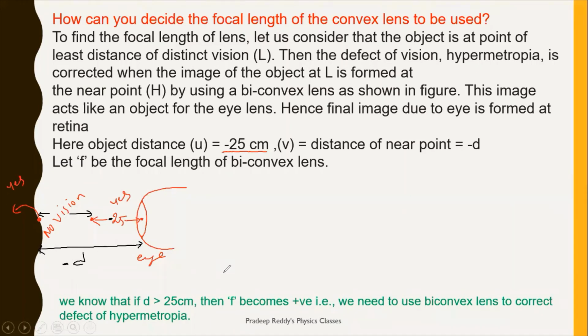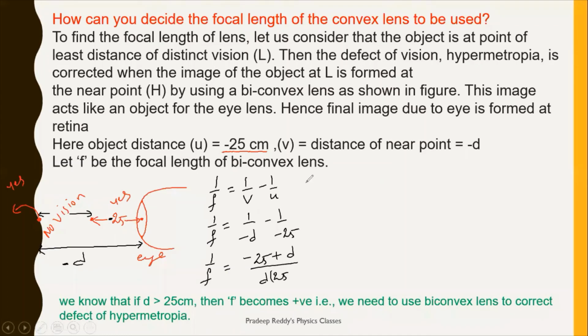Okay. Now, here you will be using the formula 1 by F is equal to 1 by V minus 1 by U. Now this is 1 by F is equal to 1 by minus D minus 1 by minus 25. 1 by F is equal to minus 25, minus of minus will become plus D, divided by minus of minus plus, it is D into 25, right?